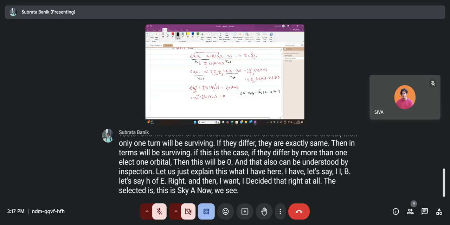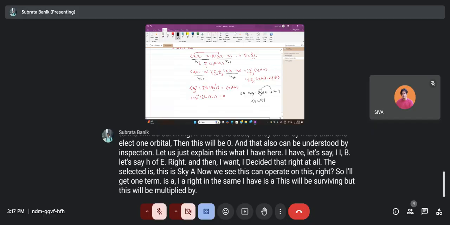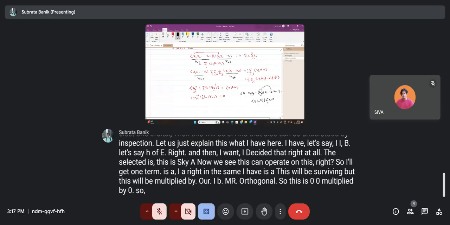Now you see, this can operate on this. So I'll get one term, H chi_A. In the same way, I will have chi_J surviving, but this will be multiplied by chi_R, chi_B. These two are orthogonal, so this is 0, and 0 multiplied by anything will be 0. So two determinants different by more than one electron will be 0 for the one electron operator.